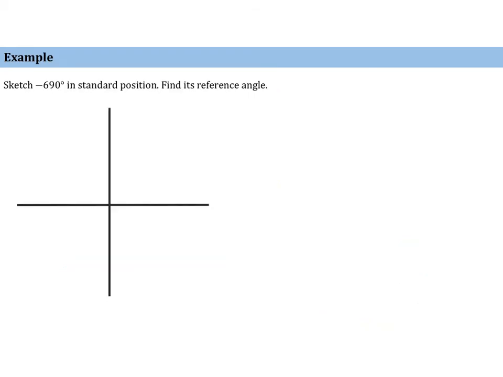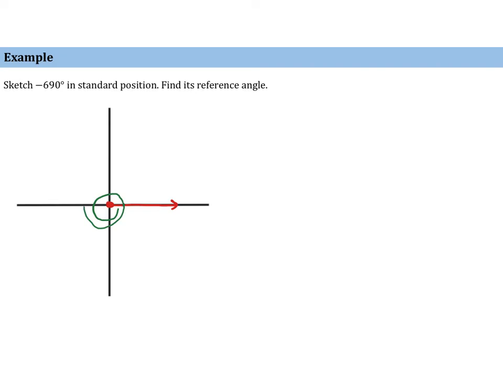Now let's go to degrees. Negative 690 degrees. Well, that's measured clockwise. So we have 360 degrees plus another 180 degrees.